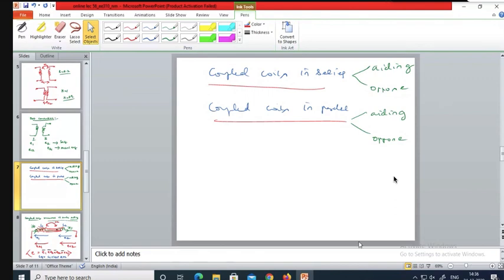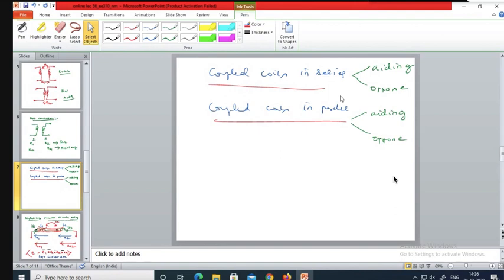For example, if you want to cancel out some EMF, you just have to change the direction of the current in the coils, so that one EMF tends to cancel out the other. If you want to add the EMFs, you connect in series aiding position. Clear? So you can connect either in aiding position or in opposing position.